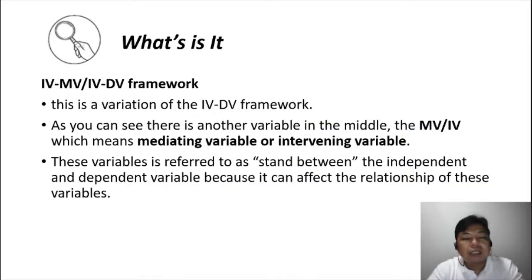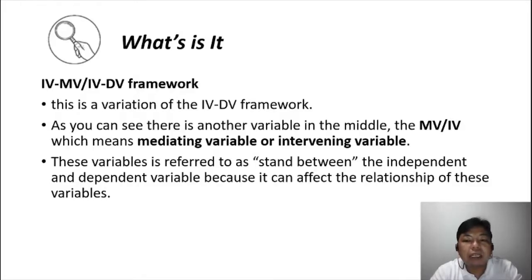Okay. Now, the second type of your framework is your IVMV/IVDV framework. So, it is very similar, or it's a variation of your IVDV framework. It's almost the same. Meron lang siyang pinagkaiba kung mapapansin nyo. As you can see, there is another variable in the middle. So, merong variable sa gitna ng IV at saka ng DV. So, ano yun?